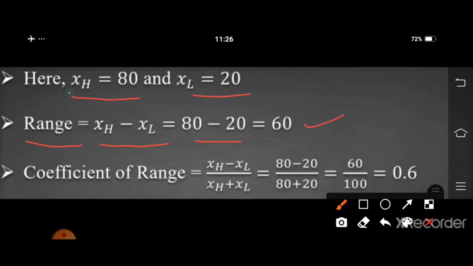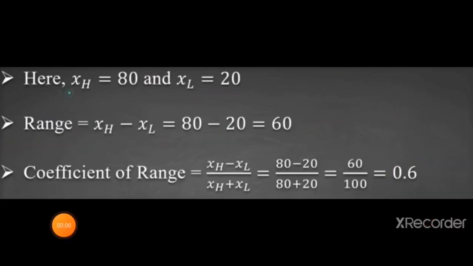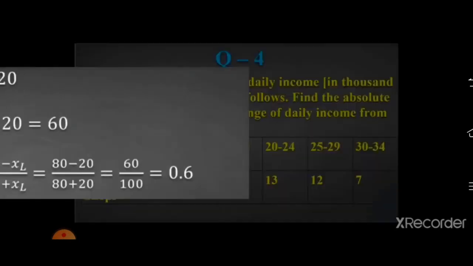If we convert coefficient of range into percentage, 0.6 into 100 equals 60%. So coefficient of range in percentage is 60%.